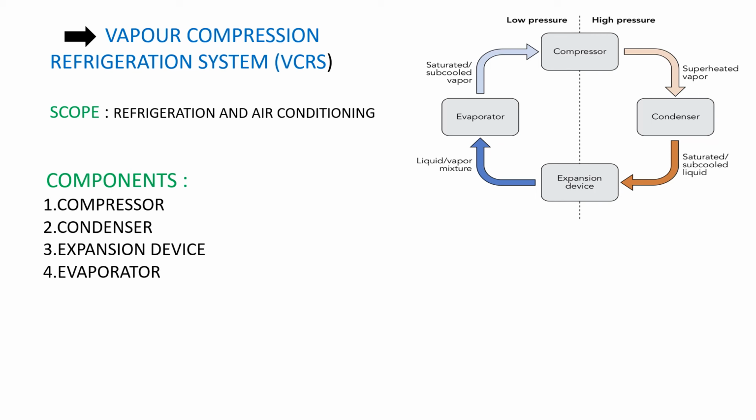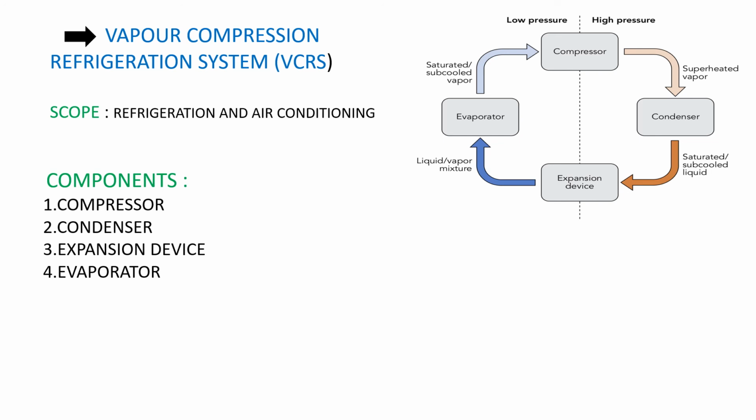So this is correct. Also, these three components, compressor, condenser and expansion device, are sometimes inbuilt in the outdoor unit in small air conditioning products, and only the evaporator is in the indoor unit in the case of air conditioning.